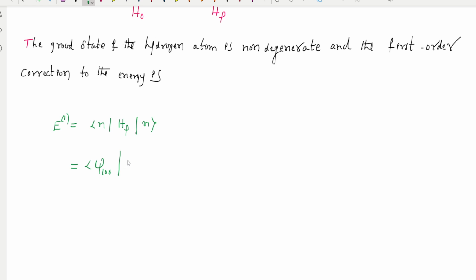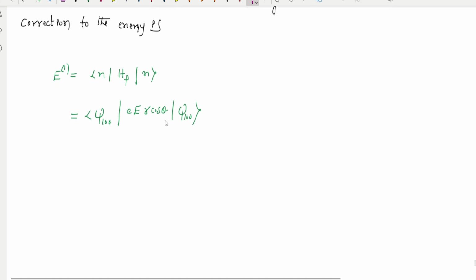Perturbation term, E electric field, cos theta, into this wave function. So here I'm going to define this wave function like this, the ground state wave function.